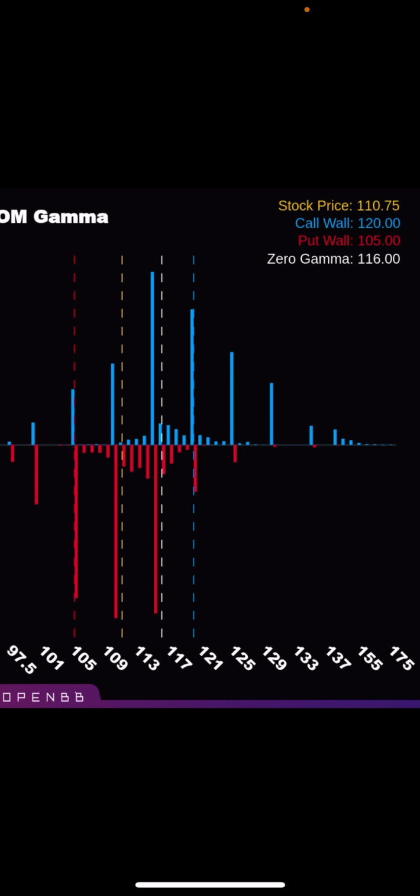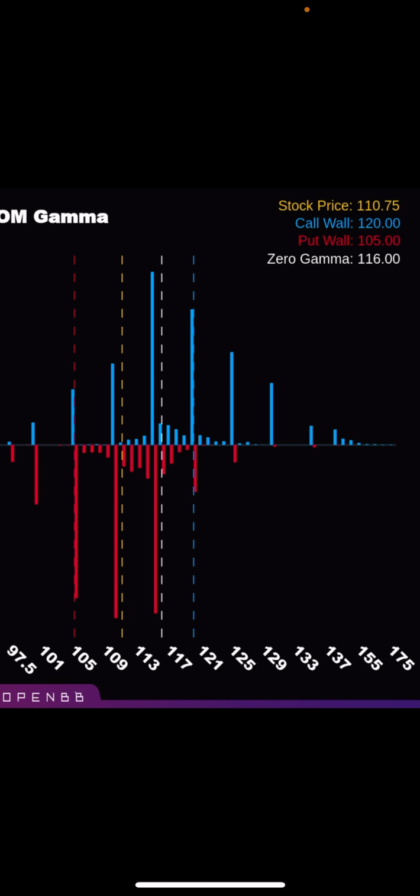So as we go down, they're selling more because that's how they remain delta neutral, okay? And the reason behind this is, because other people are buying puts, they have to sell the puts, so they have to sell the stock or sell futures, whatever, in order to remain delta neutral, right?